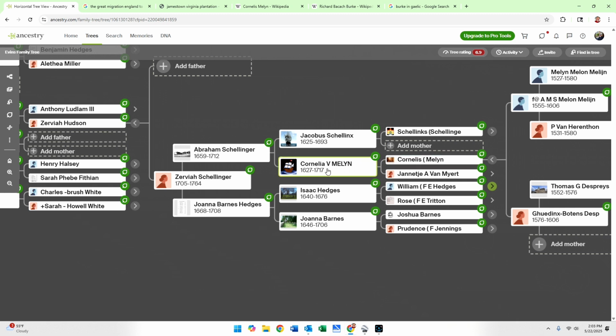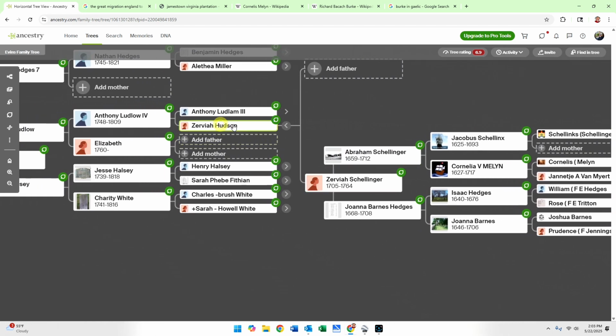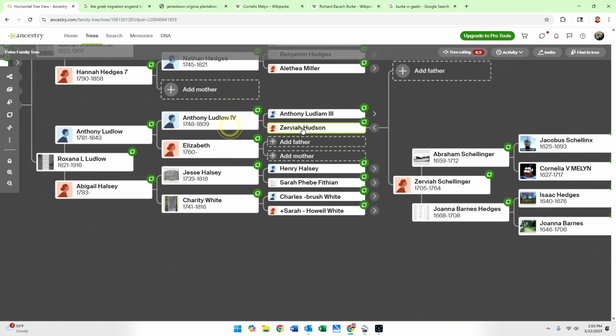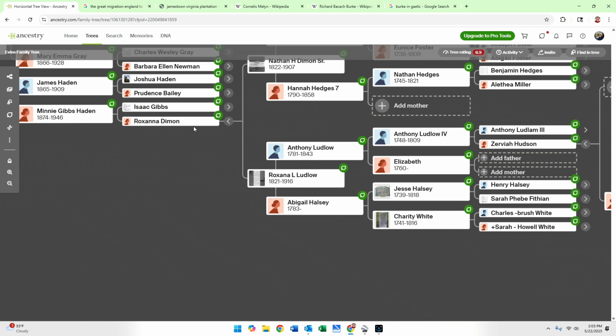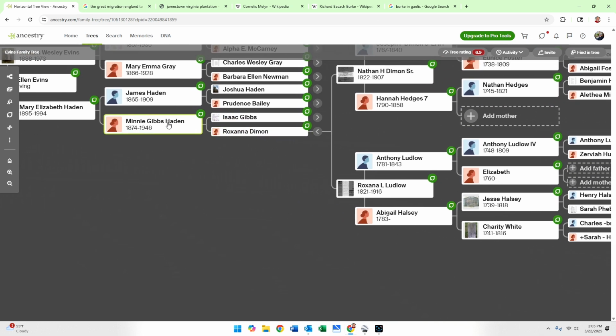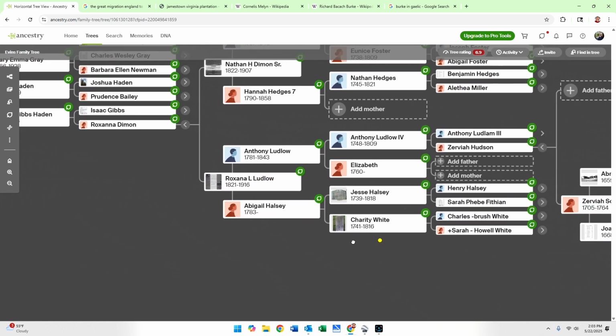And through his daughter Cornelia, and then you work your way down here, you find other names. So this comes through some odd names. Hudson's, Ludlow's, Roxana Diamond, Minnie Gibbs Hayden, and down to Grandma. So that's one of our ancestors.